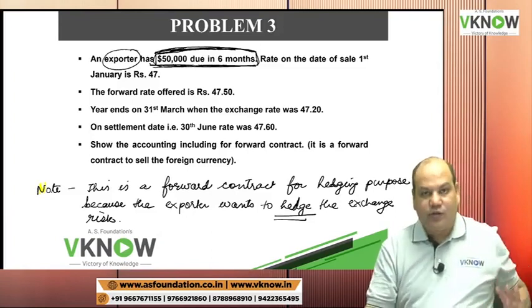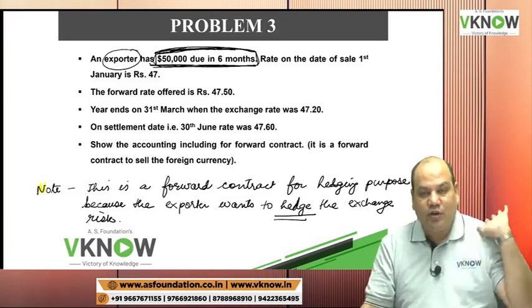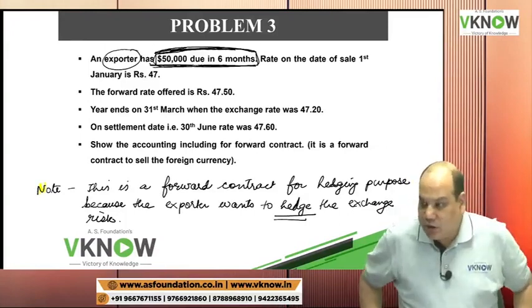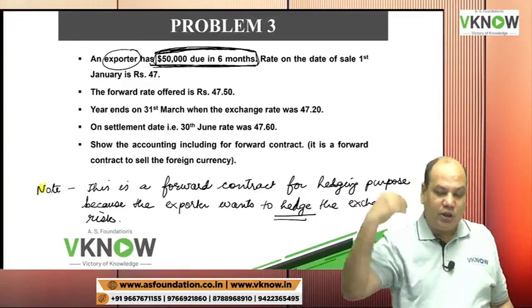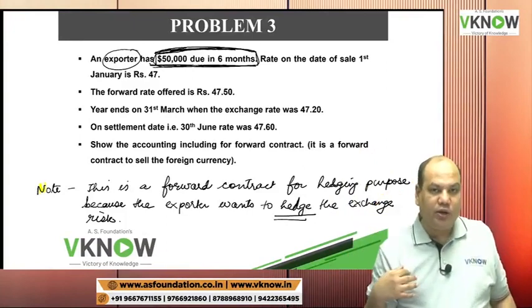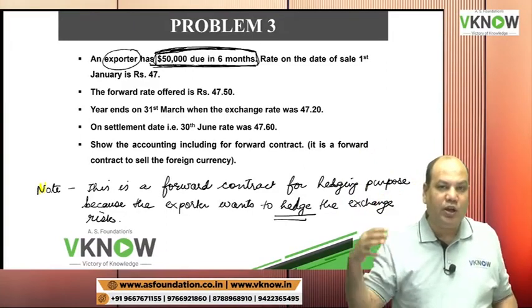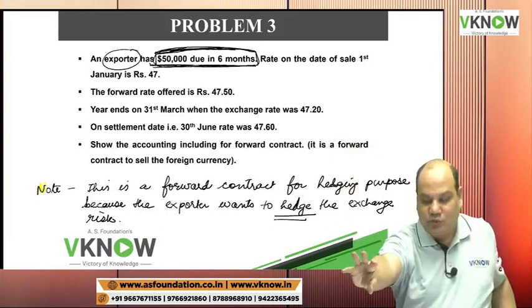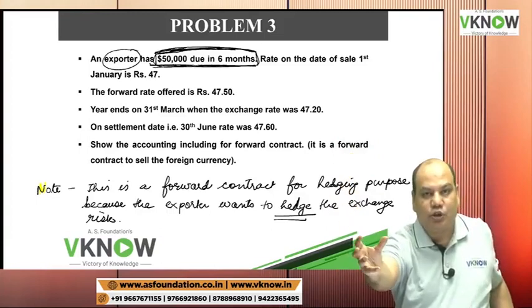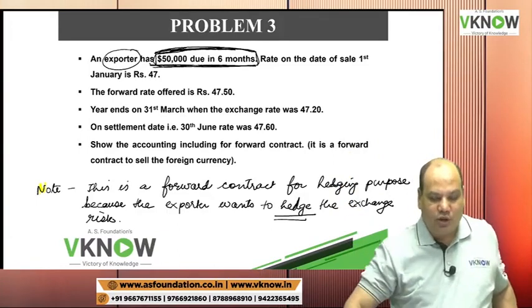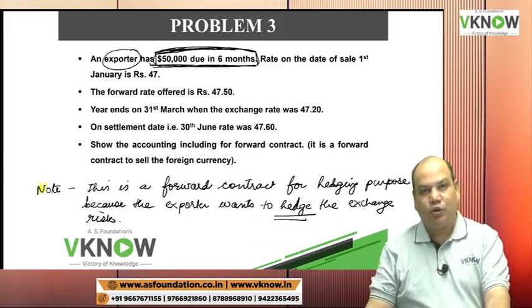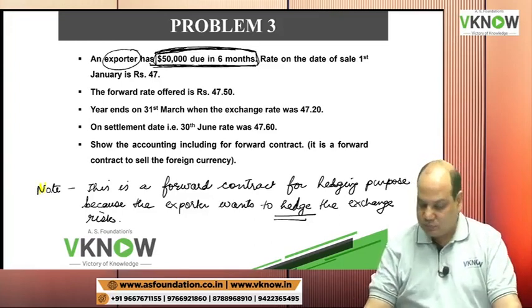There is some genuine risk in this forward contract: he has to receive $50,000, and if he does not hedge, and the dollar rate crashes, suppose in this example to 40 rupees, then he will be able to convert at 40 only. So he does not want to take that risk. He enters into a forward contract.